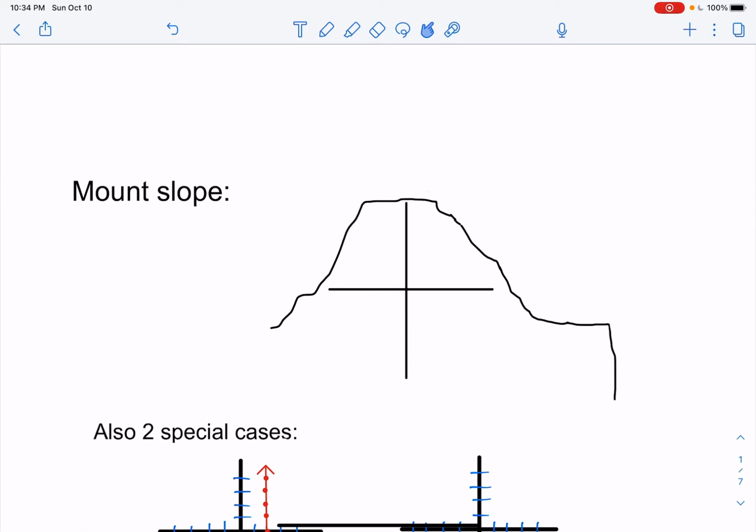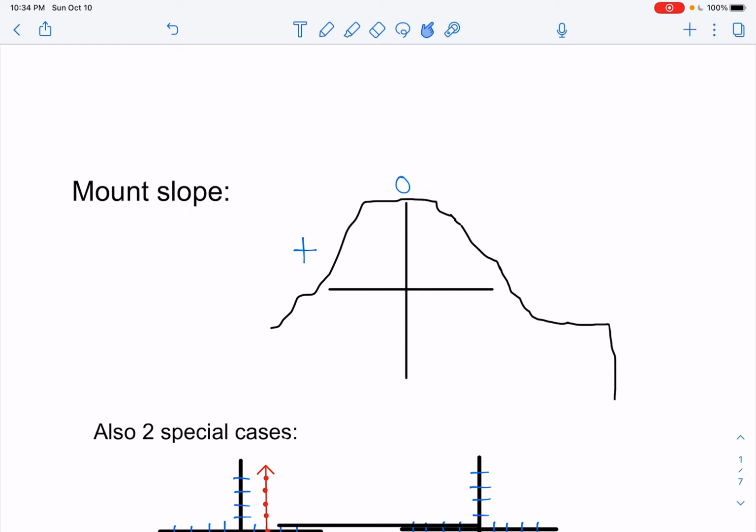We're going to define it here. Looking at this, remember we define slope by looking at it from left to right. What is it doing? From left to right, we see that this is going up, so that's a positive slope. When it gets to the top, that's flatlined, that's a zero slope. If you remember from slope dude, it's puff, puff, positive.